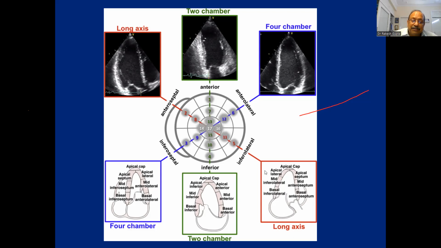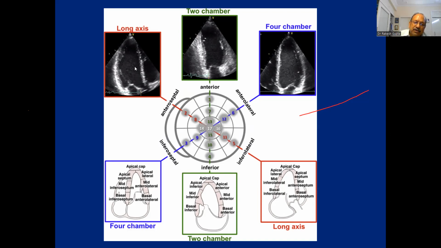But it is quite interesting to remember all these. We have anterior, we have inferior. We have anteroseptal and inferolateral. In between the anteroseptal and this anterior wall, and here is a lateral wall, this segment becomes anterolateral. In between the anteroseptal and inferior wall, this segment becomes inferoseptal. So clearly you can remember it.